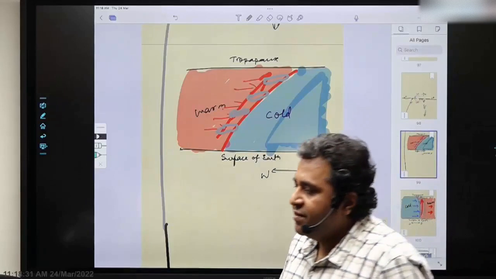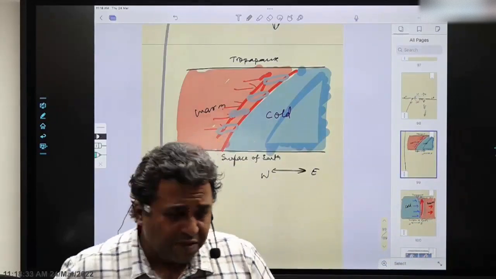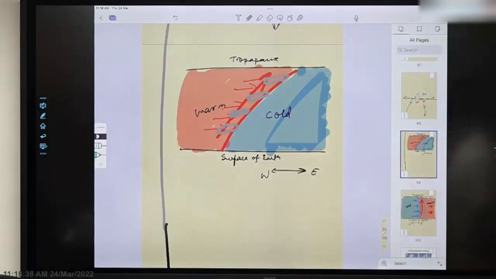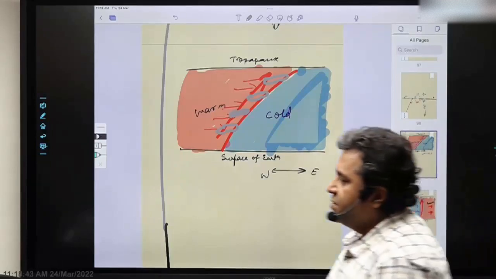Formation of clouds at different heights, such as stratus, alto, and cirrus.